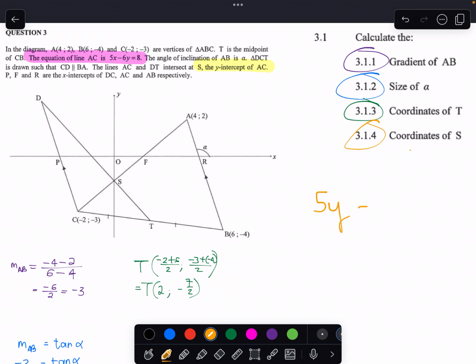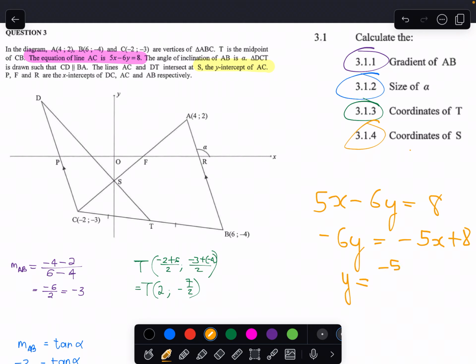5x minus 6y is equal to 8. So the aim is to get the y by itself so that we can have y is equal to mx plus c. So then we'll have minus 6y is equal to minus 5x plus 8, right? If you minus 5x on both sides, and then divide through by negative 6.